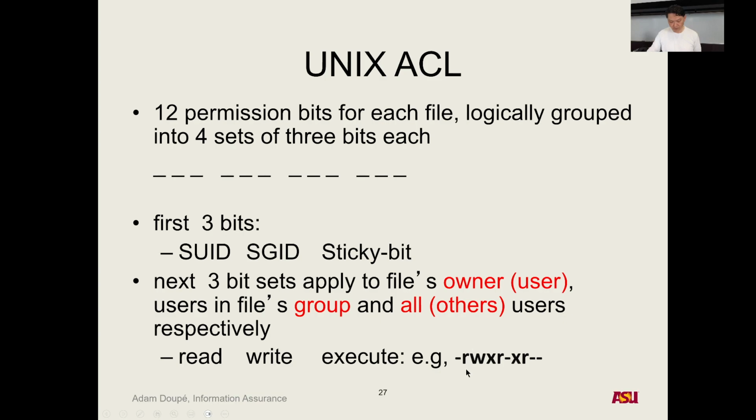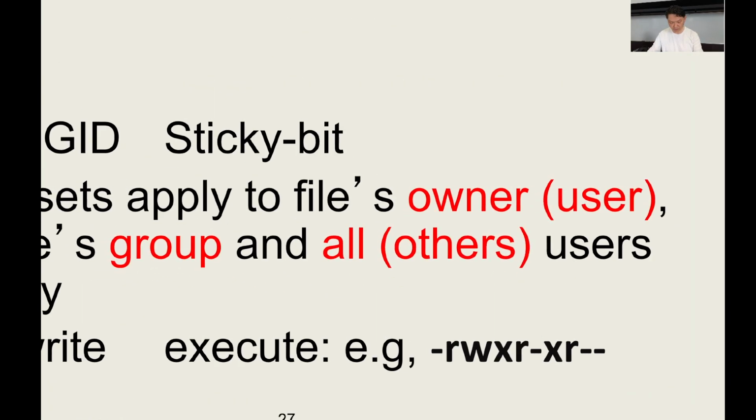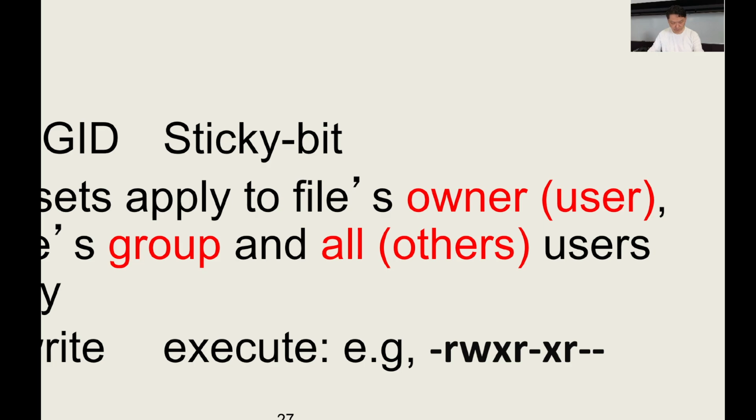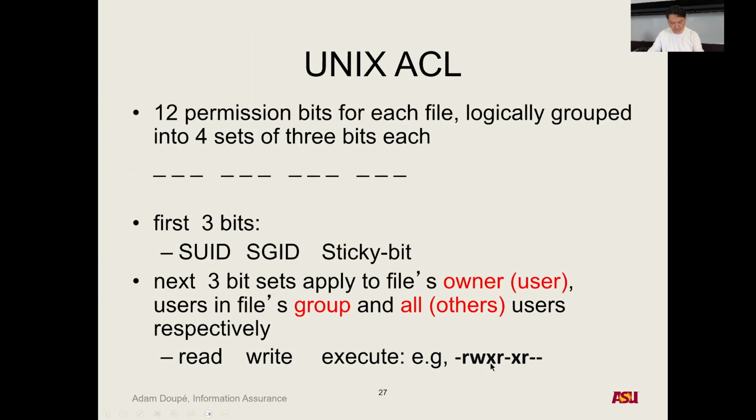Okay. In this case, the first 3 bits are for the user, right? And these 3 bits for the group, and the last 3 bits for others, everyone.